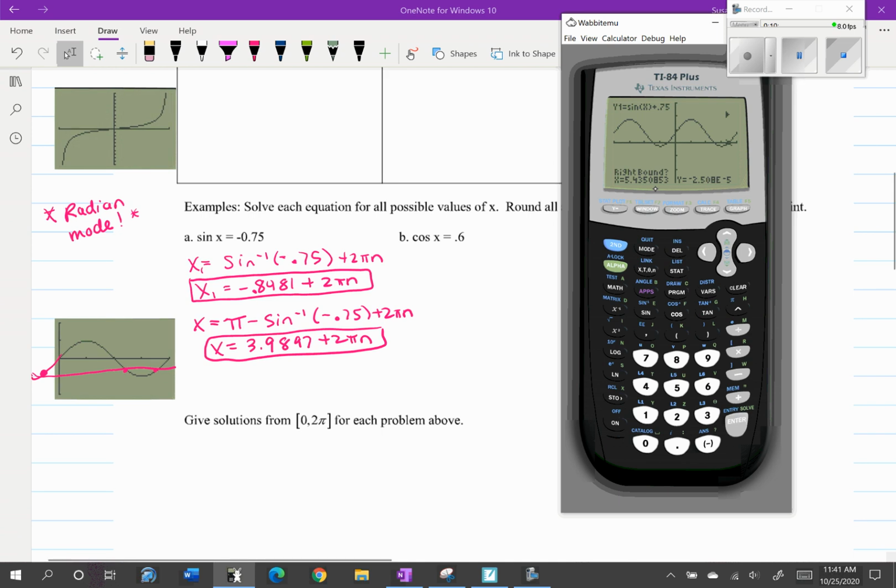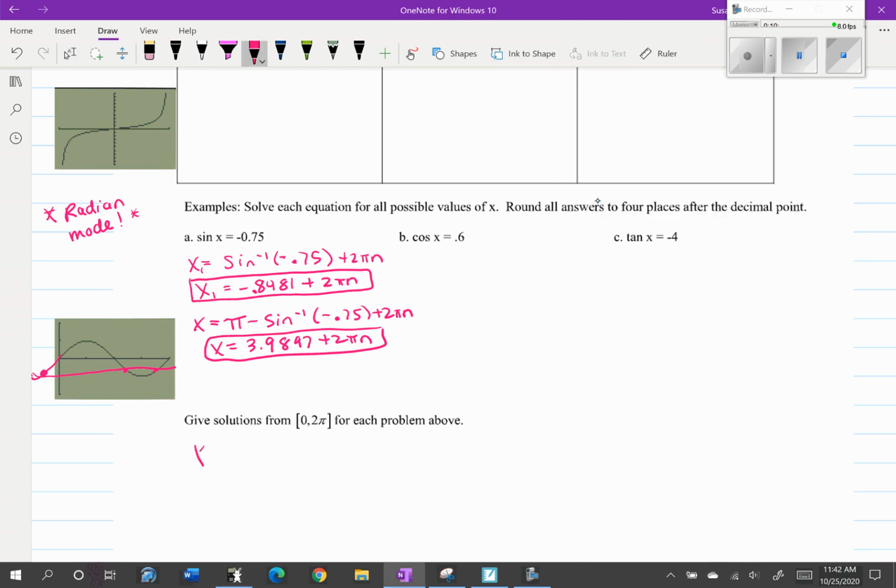So if the question instead was to give the solutions from 0 to 2 pi instead of finding all the solutions, then I would be using this as my answer instead of the negative 0.8481, because that's not in between 0 and 2 pi. I would have to take that first answer, negative 0.8481, and add the 2 pi to that to get 5.4351.